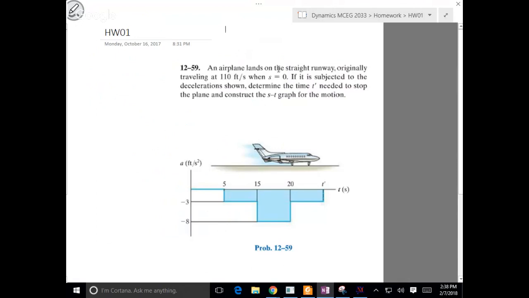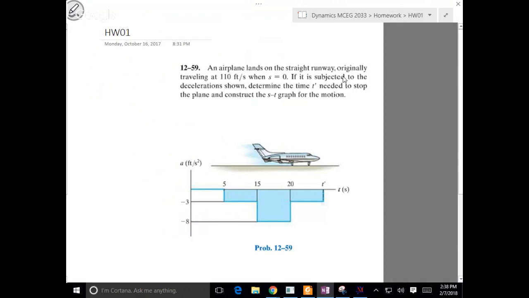An airplane lands on a straight runway, originally traveling 110 feet per second when S equals 0. If it is subjected to the deceleration shown, determine the time needed to stop the plane and construct that diagram.